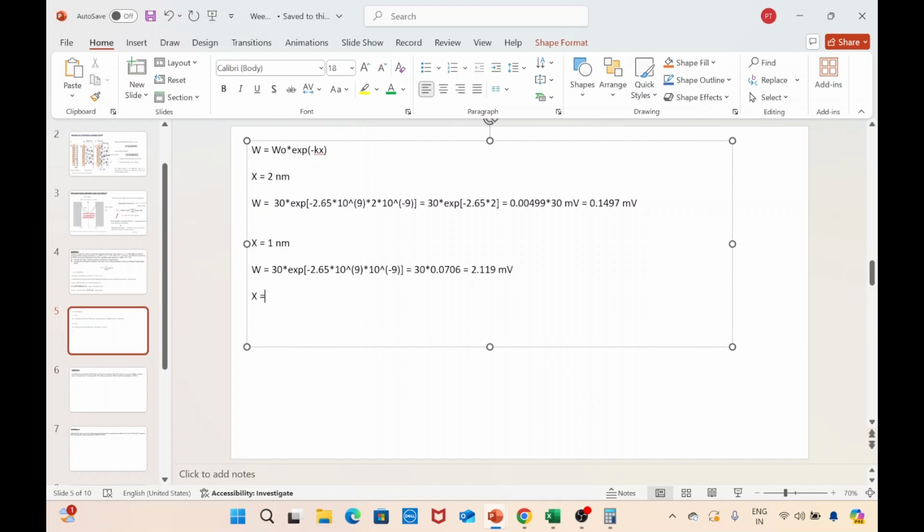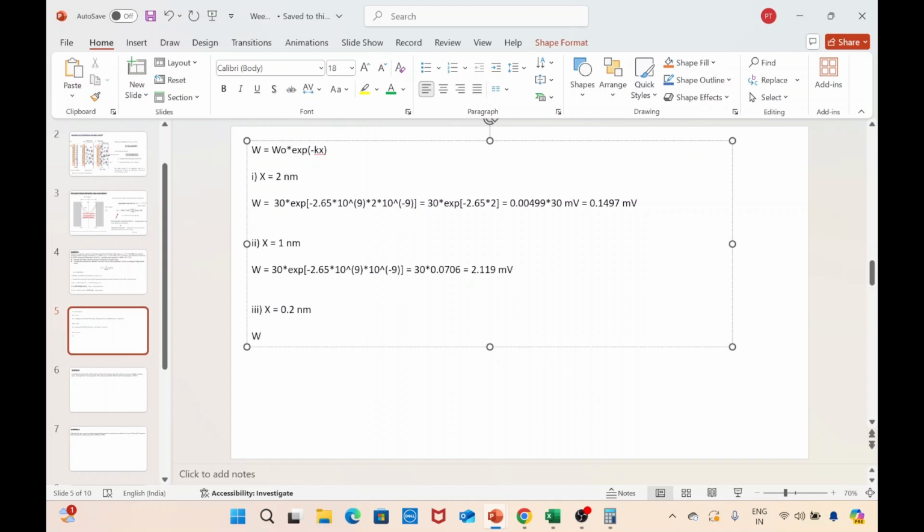Let me mark these as case 1, case 2, and case 3. Here, let x be equal to 0.2 nanometers.